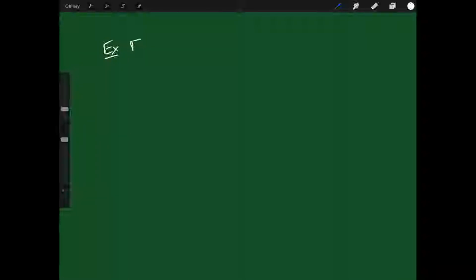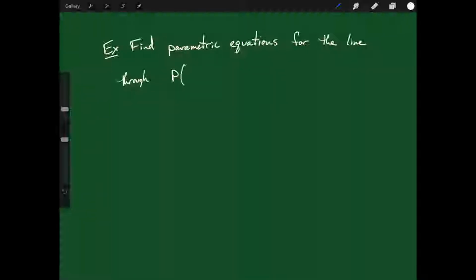Let's find parametric equations for the line through the point P, which is -1, 1, 1, and Q, which is 0, 3, 2. Okay, so I want a parametric equation for the line that passes through those 2 points.